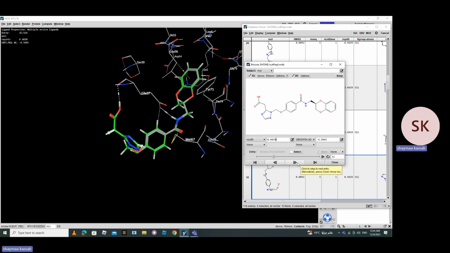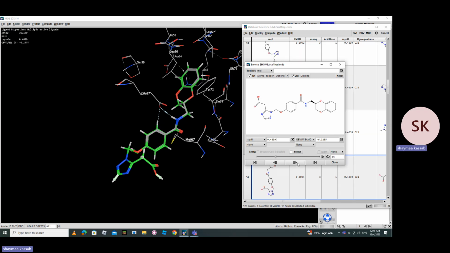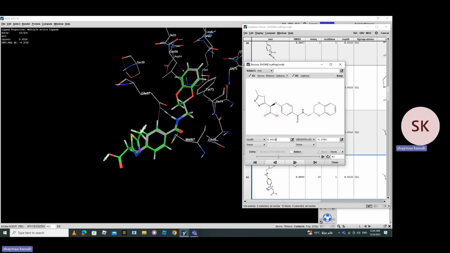This one didn't add something new. Okay. I am looking forward to seeing a compound that is able to form hydrogen bonding because this will be a kind of structure diversity.